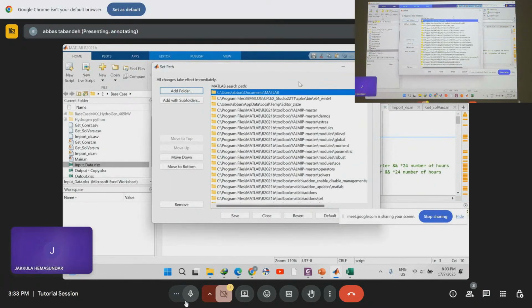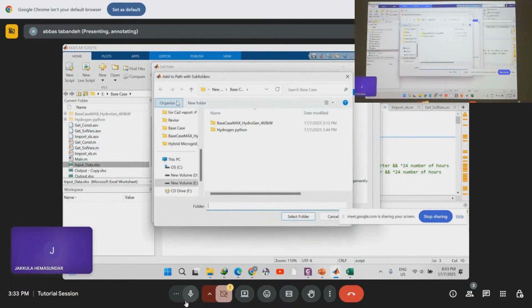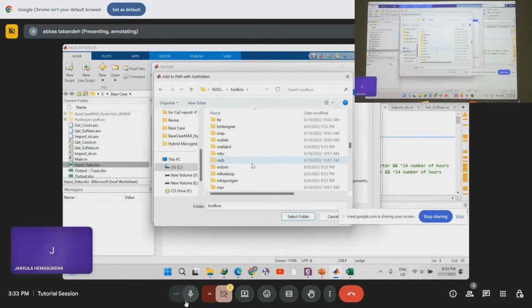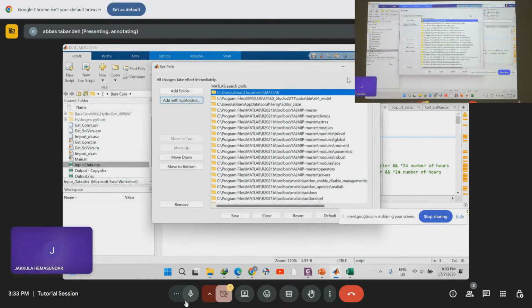Select Set Path and Add with Subfolders, and paste it. Then select GIAN MIP and select folder. You will have it installed.